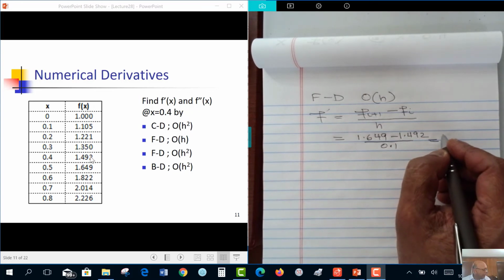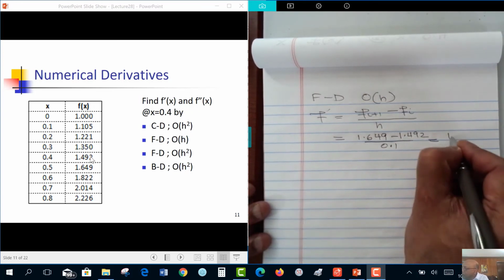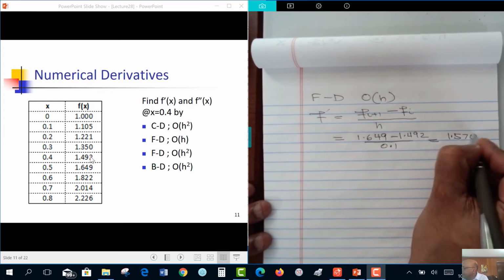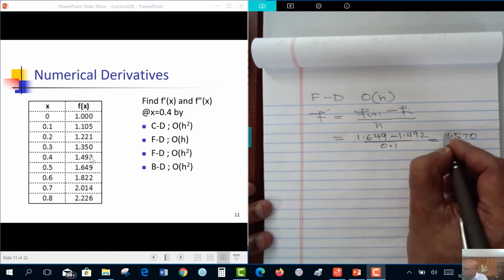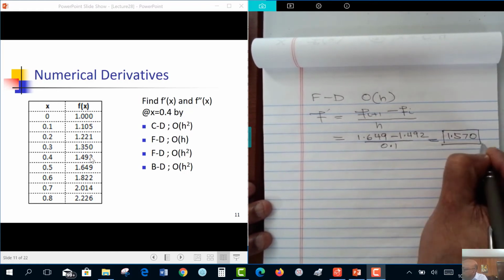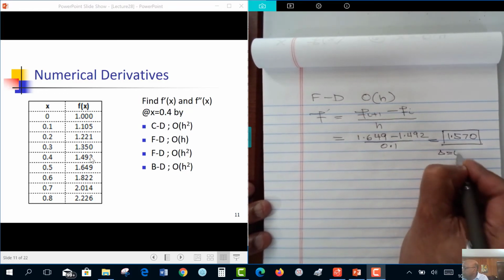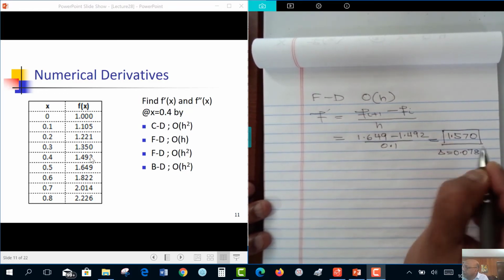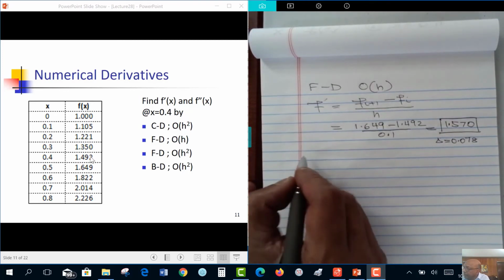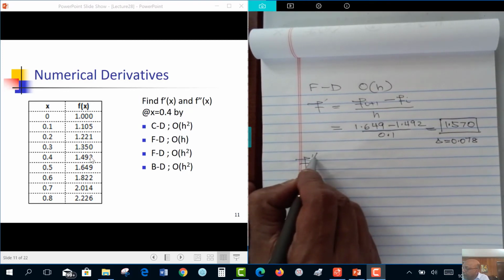And we get 1.570. So here our error from 1.492 is much larger, 0.078, because this is order h only.